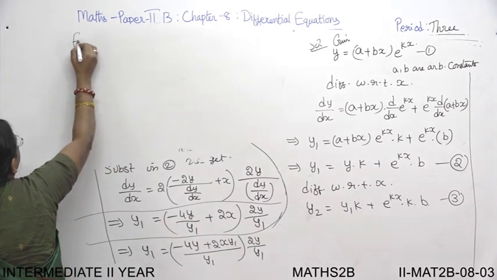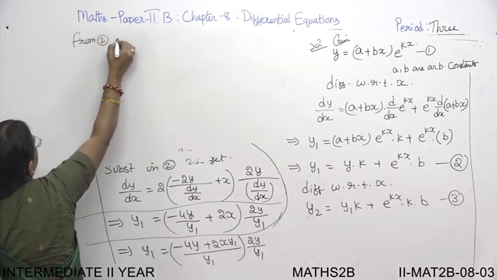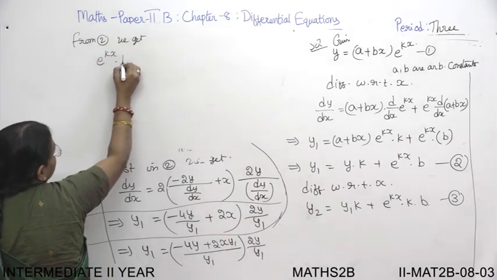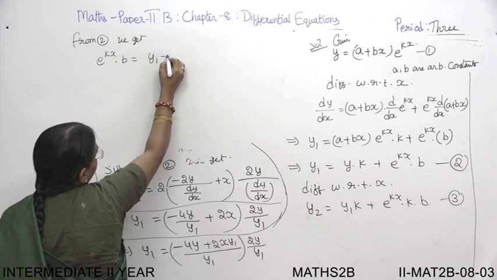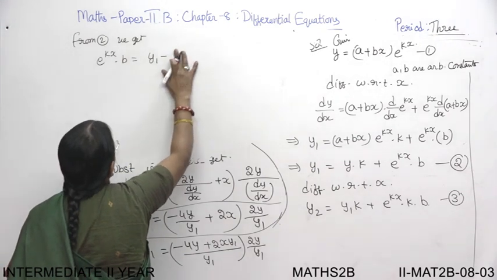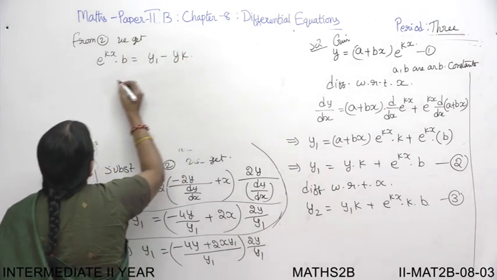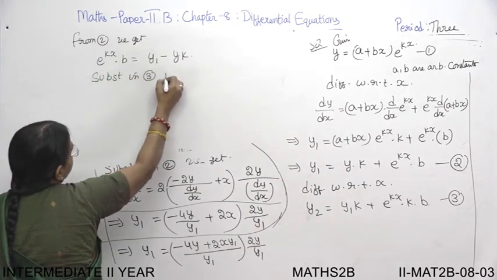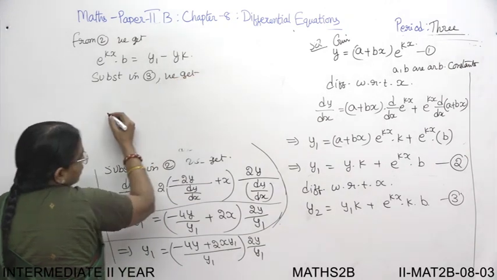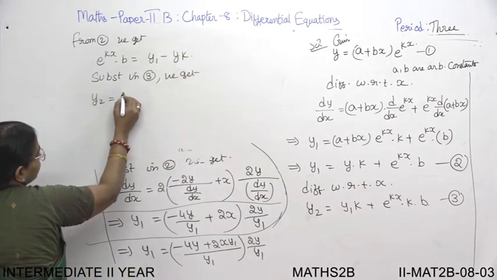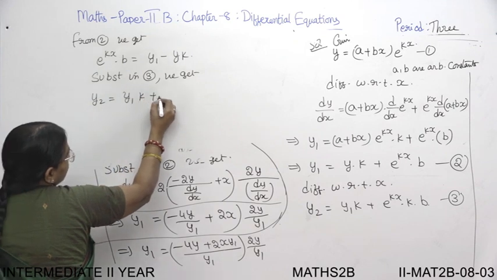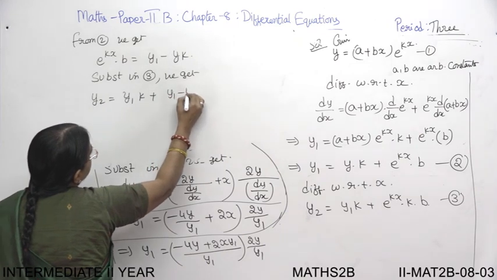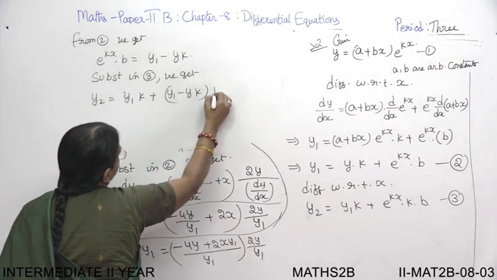So from equation 2 we get e power kx into b is equal to y1 minus yk, or ky I'll write, y1 minus ky. Okay. Now substituting in equation 3 we get y2 is equal to y1 k plus e power kx into b, which is y1 minus ky, into k.